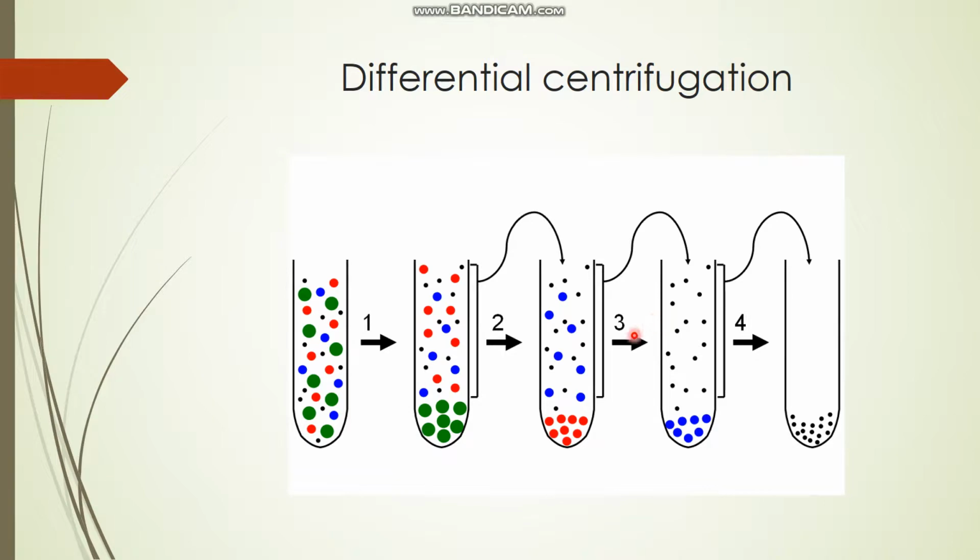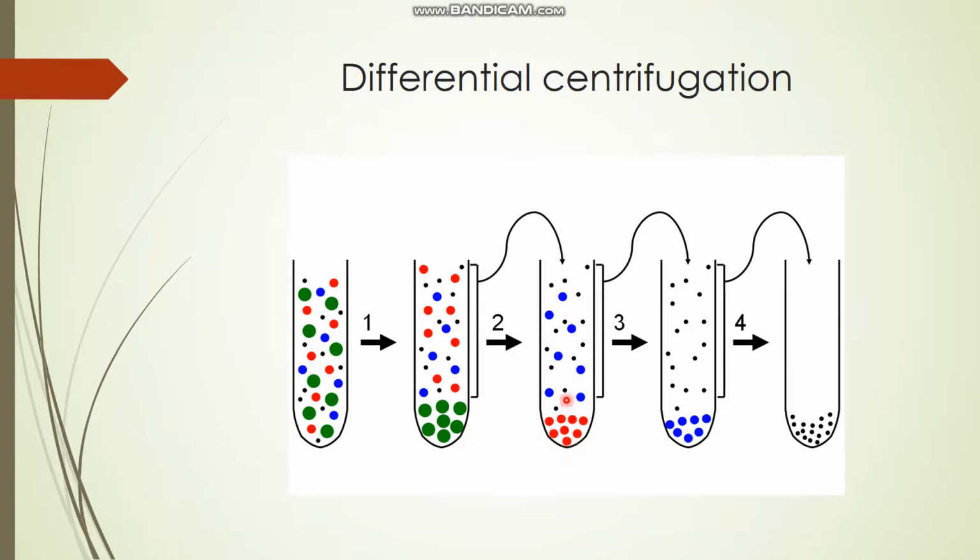Here you can see, here we start, and this one which settles is the pellet, and above it the portion which did not settle is the supernatant. We put this supernatant into the next tube, and hence we have separated one pellet. Then we increase the speed, and we will have another pellet here.